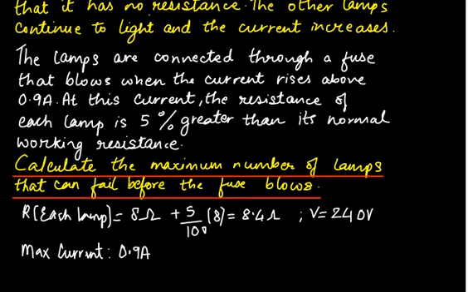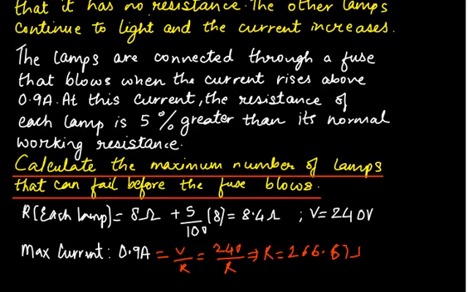We know the maximum current is 0.9 amps, which is equal to V upon R. That means the current in the circuit is equal to the total battery voltage, 240, divided by R. Further calculation gives us that R equals 266.67 ohms.